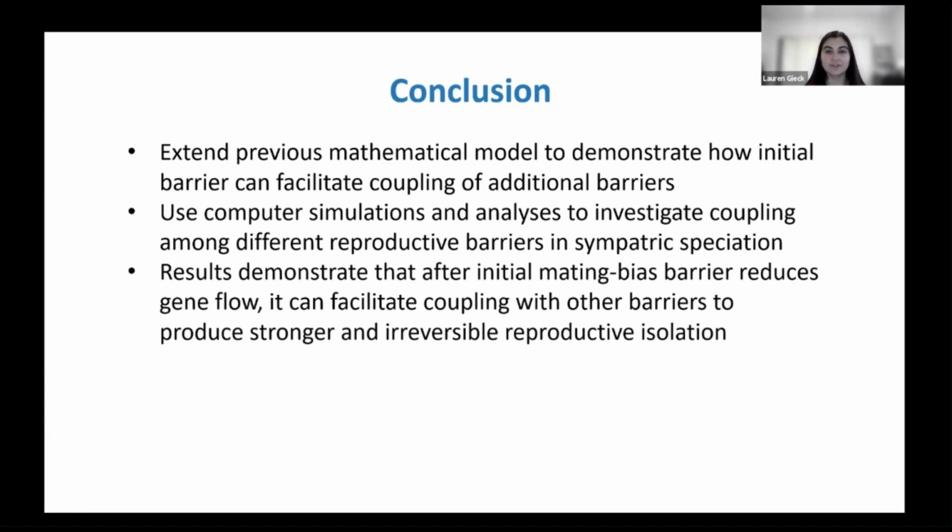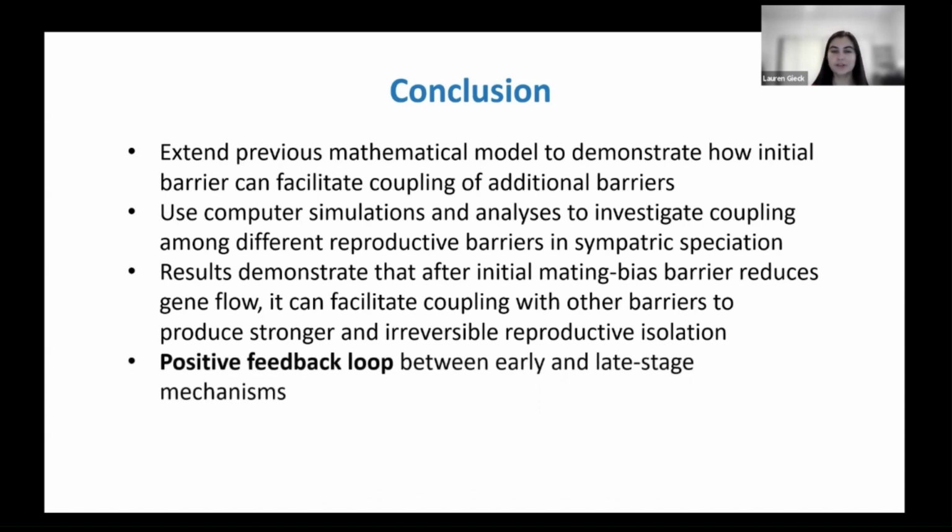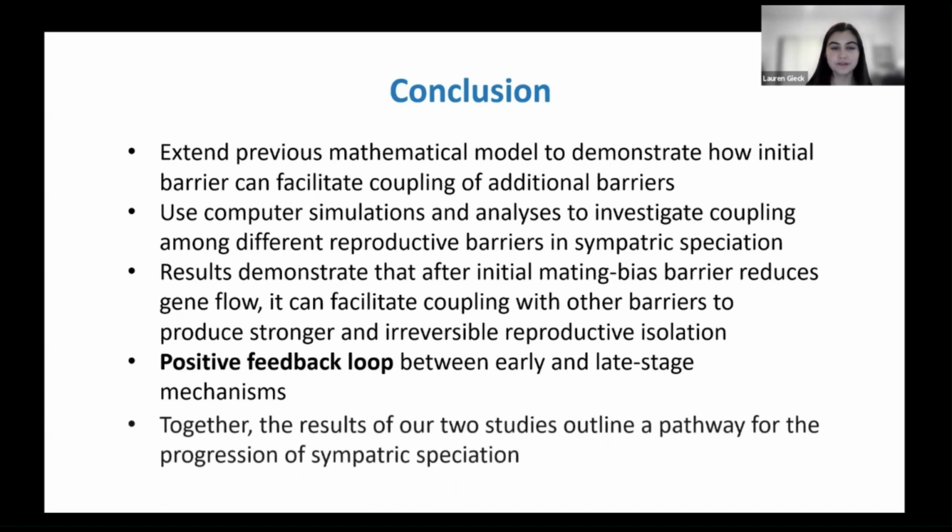Our results showed that after initial mating bias barriers reduce gene flow, it can facilitate the coupling of other barriers to produce stronger and irreversible reproductive isolation. And we saw that this works in that positive feedback loop that I kept bringing up between the early and late stage mechanisms until you have stronger and stronger reproductive isolation.